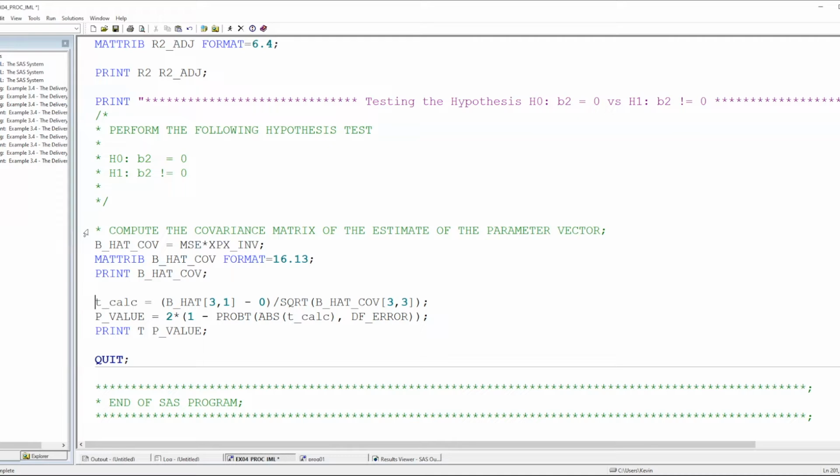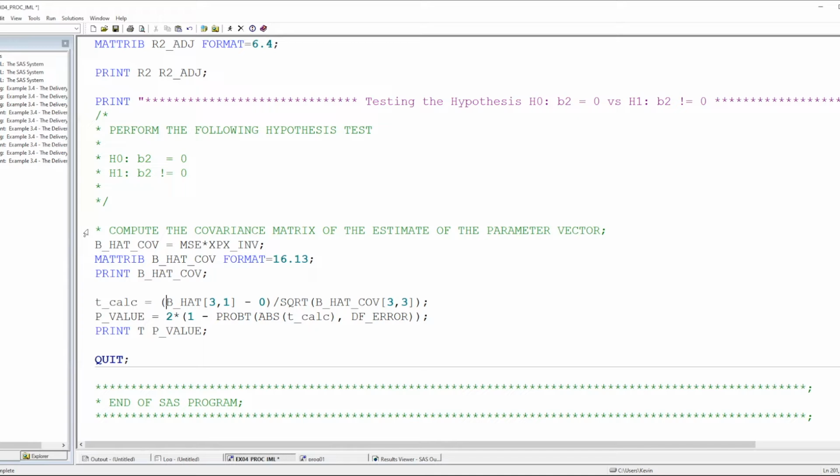Now, from there, I'm going to calculate tcalc. And again, tcalc is the point estimator of beta 2 minus 0, which is the hypothesized value, divided by the estimated standard error of beta 2 hat. Now, we get beta 2 hat from the beta hat vector, and beta 2 hat is the third entry in that vector.